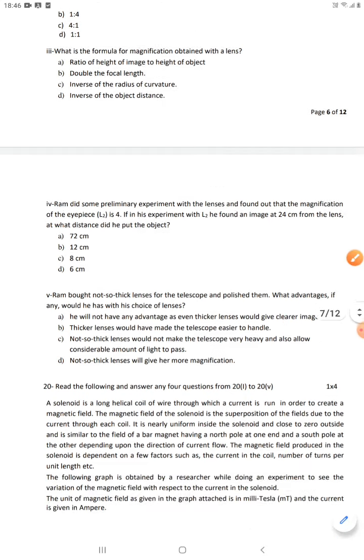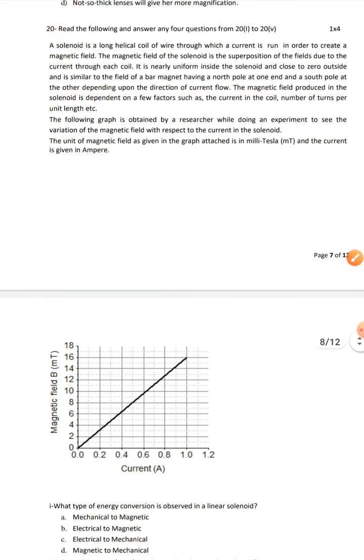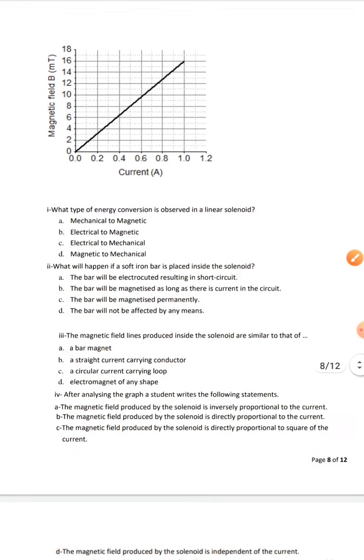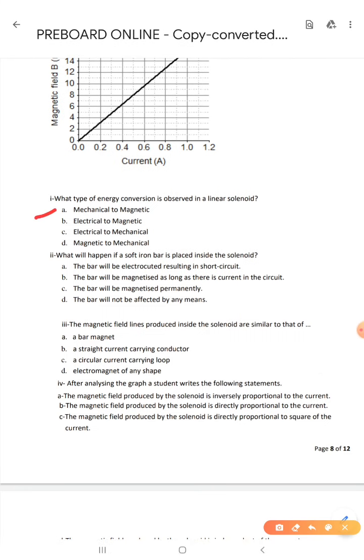Now another one was related to the solenoid. We should know about the solenoid, and this is a graph and we should know how to read the graph. There are some questions related to it. Number one, what type of energy conversion is observed in a linear solenoid? You should know that electrical energy is converted into magnetic energy in the solenoid.